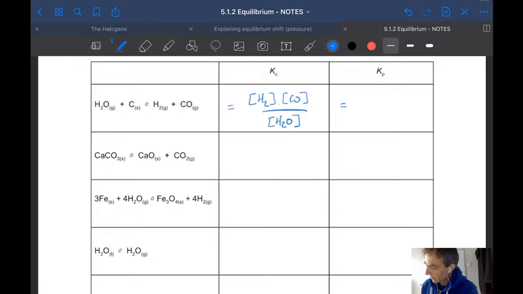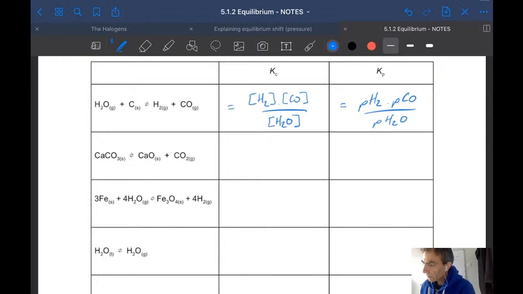This is a bit alien to me because I've always used brackets. So that would be the partial pressure of hydrogen multiplied by the partial pressure of carbon monoxide, all divided by the partial pressure of that steam, that H2O gas. That's the Kp expression.